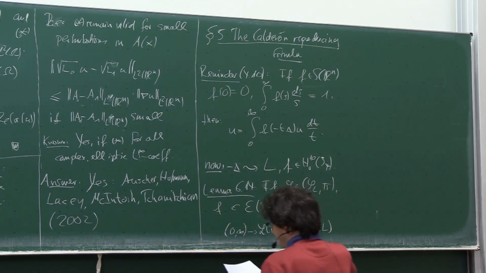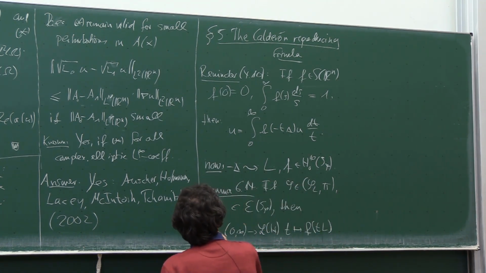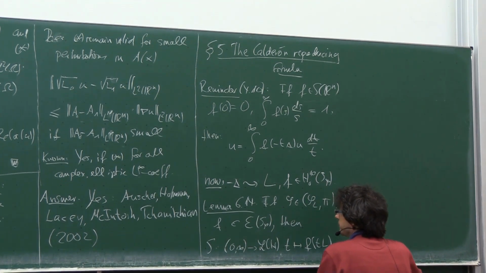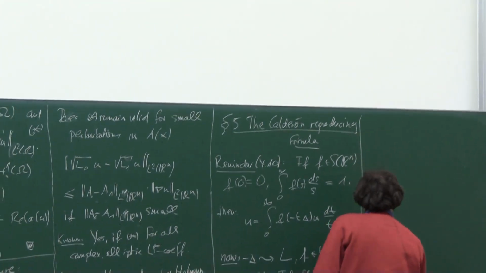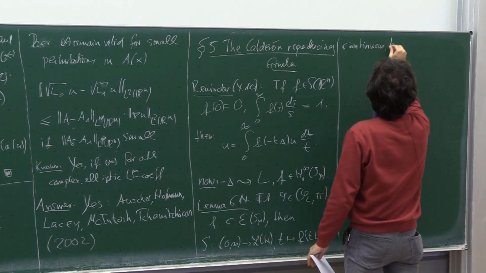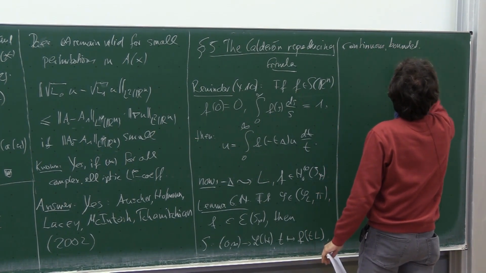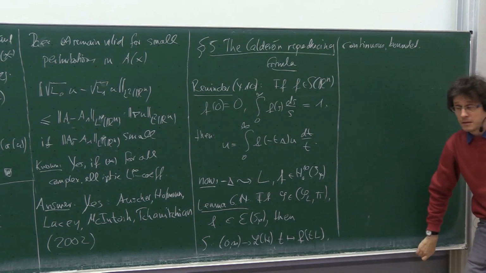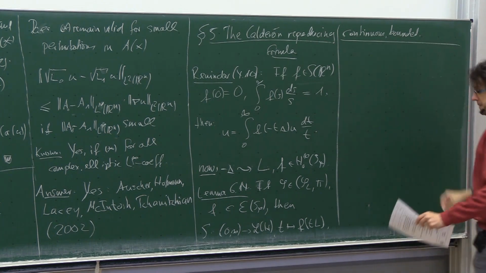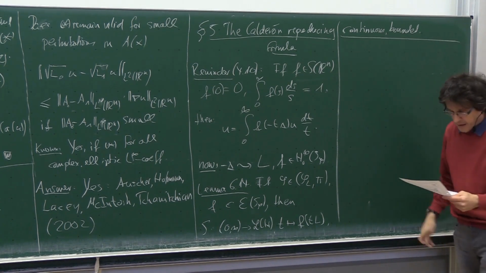So this is the claim of this lemma, that this function, I will call it capital S, is continuous and bounded. In particular, it's measurable, and we can do integrals and all this stuff. So this is preparation to being able to write down this integral.